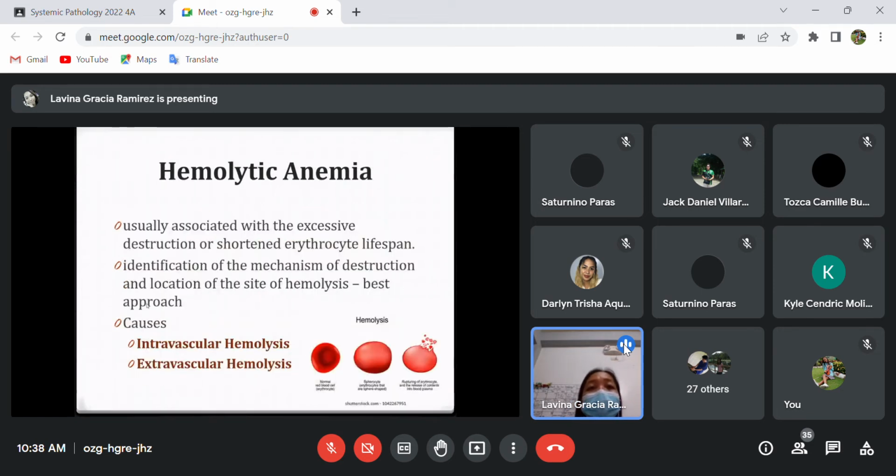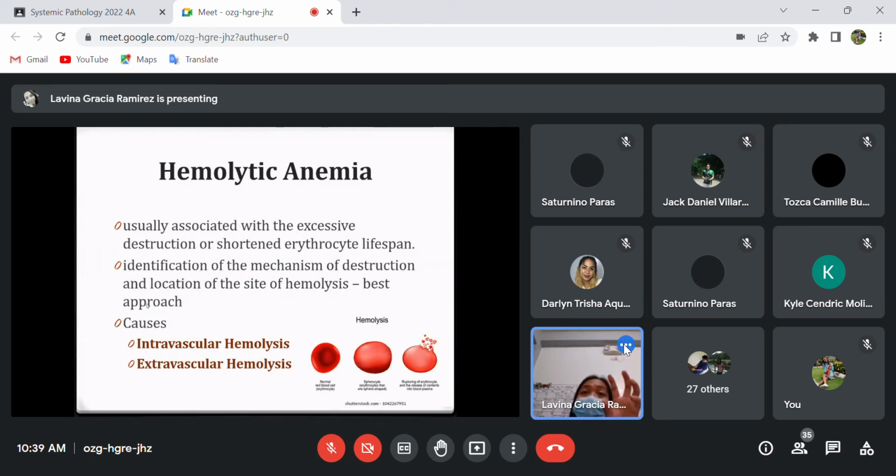By the way, the picture here shows you the normal. I told you last meeting that one of the pictures I presented had more circular RBCs.